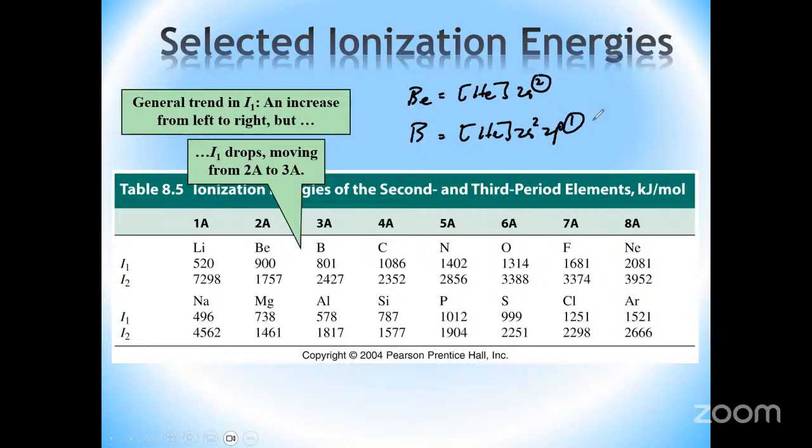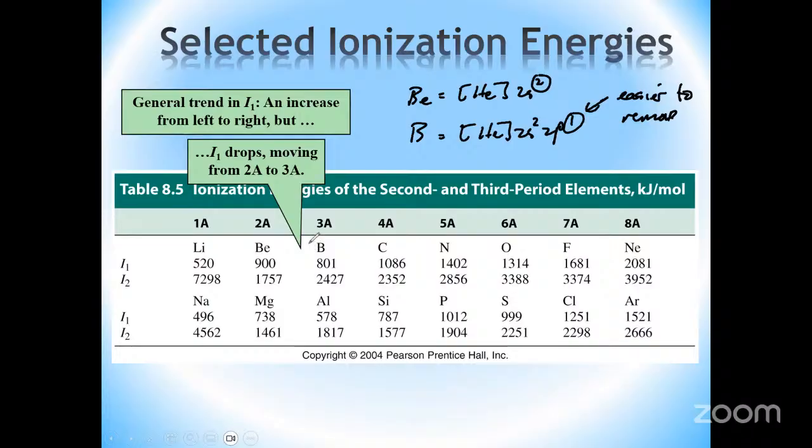So this explains why there's a slight drop here, because the 2p sublevel is of a higher energy compared to the 2s sublevel, right? What this indicates is that the electron in the 2p sublevel is slightly further away from the nucleus compared to the electron in the 2s sublevel in the case of beryllium. Therefore, this electron here is easier to remove, and the energy falls going from beryllium to boron in terms of the first ionization energy.